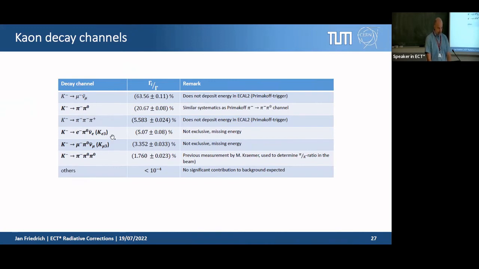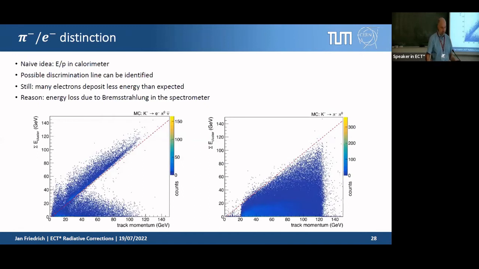But the others we can measure, and we can get a luminosity out of that. I don't show results on that today, but this is under control. So all these results are consistent, and we get a good value for the luminosity this way.